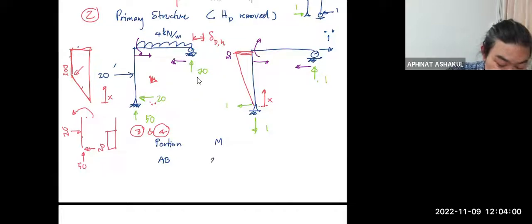So your moment is 20x, and your small moment now is x. Actually, try to use this to make the moment here also possible, so that you don't go crazy. It's possible. Okay. And range is from 0 to 50.